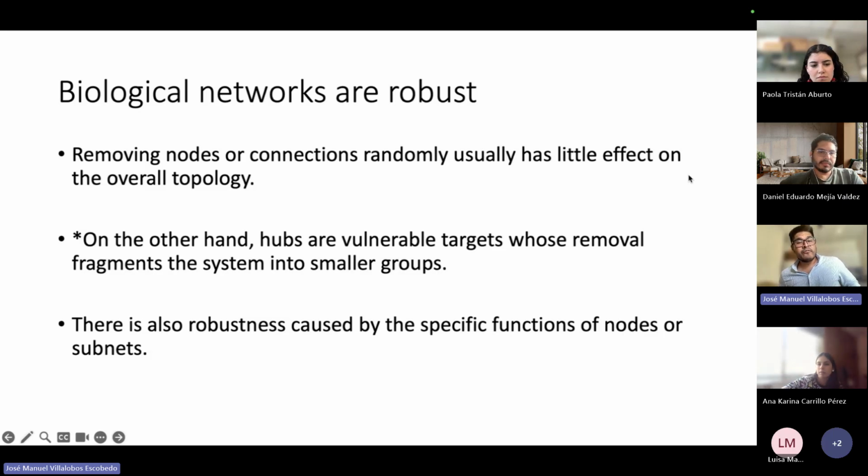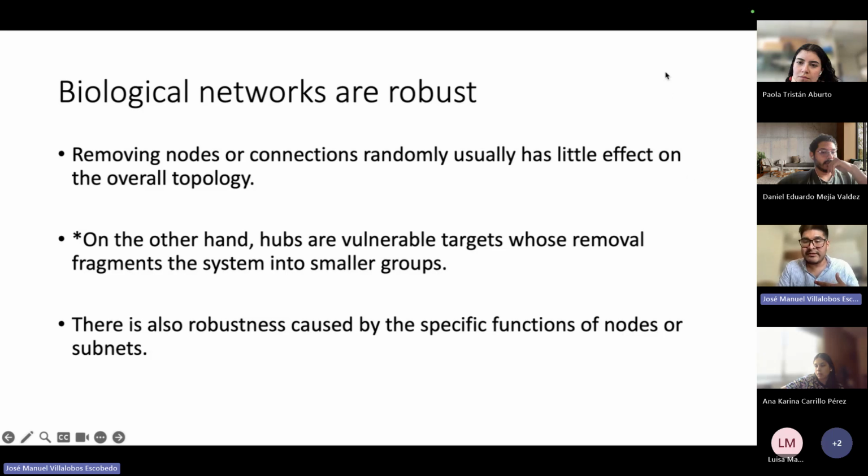But if you look for hubs and you remove the hubs, it's probable that you will have super drastic changes. The problem is that usually the hubs, in terms of biology and genetics, can be essential genes, like housekeeping genes that are super important.